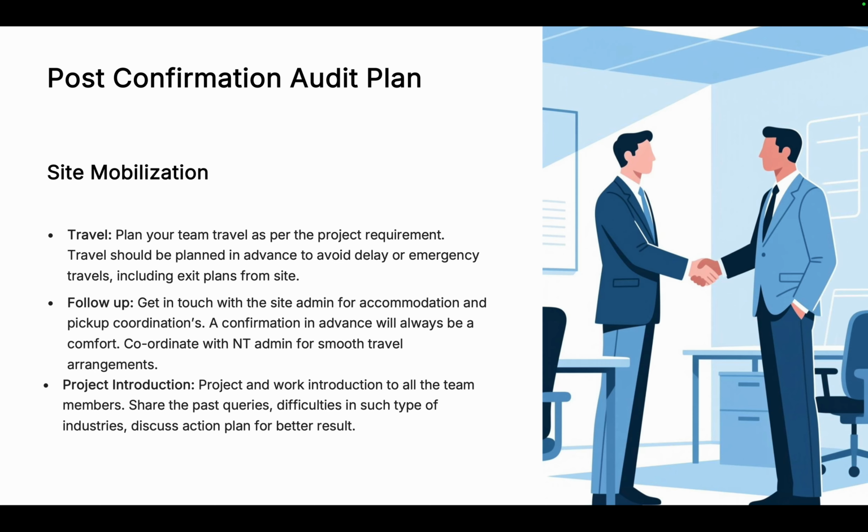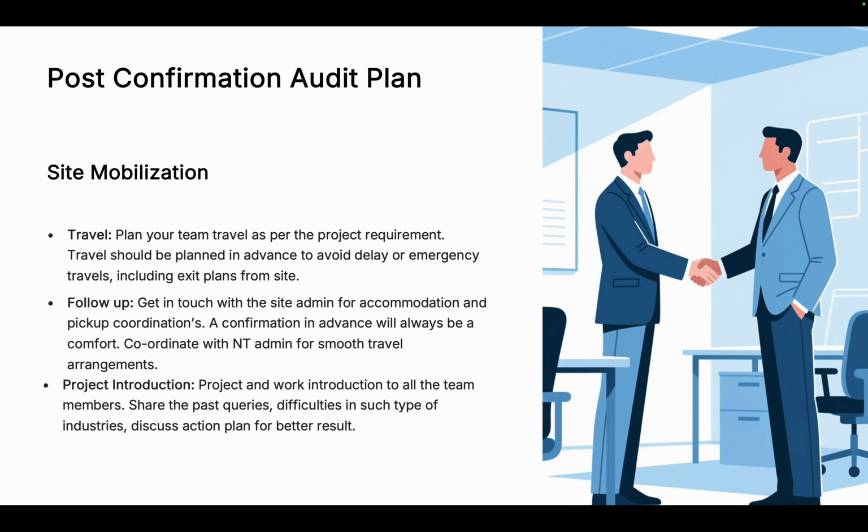A TL can get the help of the admin department from our team, so that if in any case the TL is unable to connect with the site and unable to follow up with the site, in that case under the TL's responsibility only, admin from our team can connect with the respective site, but the accountability and the ownership comes under the TL role only.